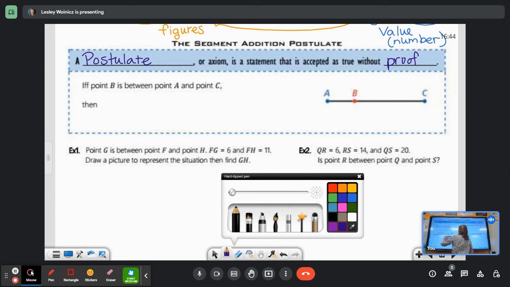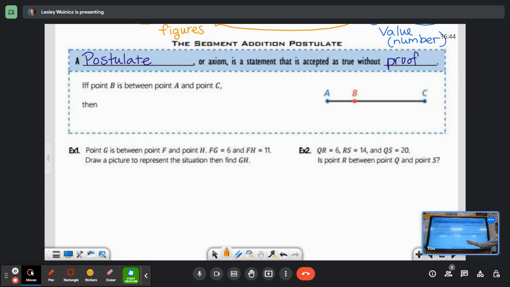So you guys are going to like this. It's pretty simple. If and only if point B is between point A and point C, and by between we mean on the same line, so they're all collinear, that means that B is found on the shortest distance between A and C. It's not saying A is here, C is there, and B is up here. That is not between. This is between, not this.